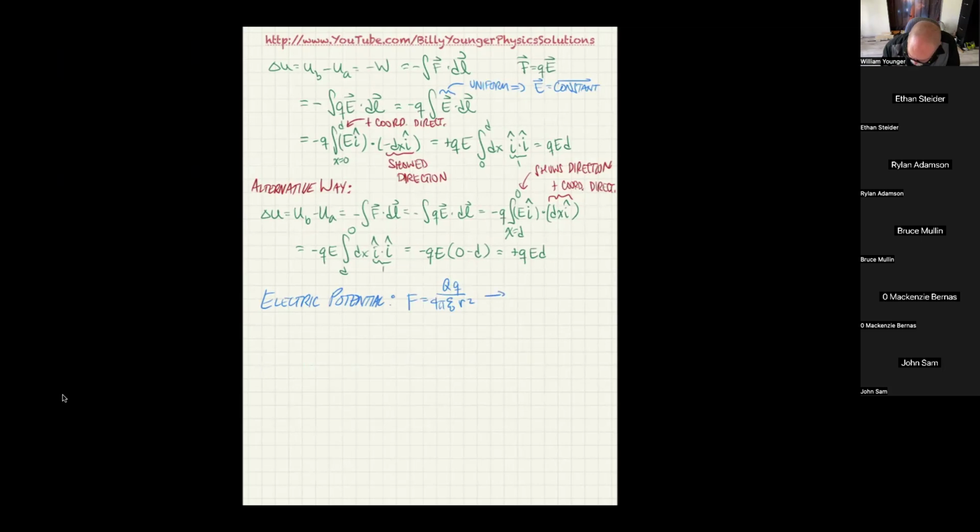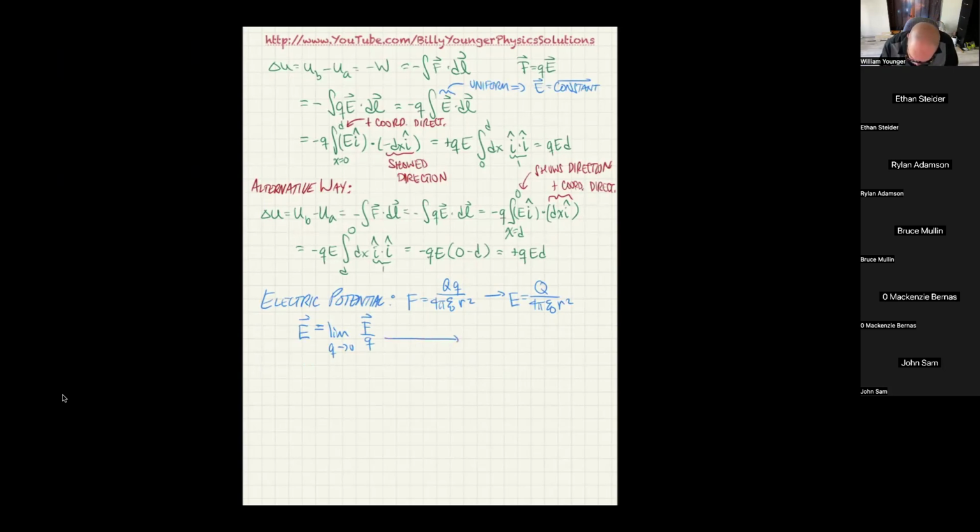And we ended up going to E is equal to big Q over 4 pi epsilon naught times r squared. And the reason we did that is we basically said let E equal the limit as q approaches 0 of F over q.